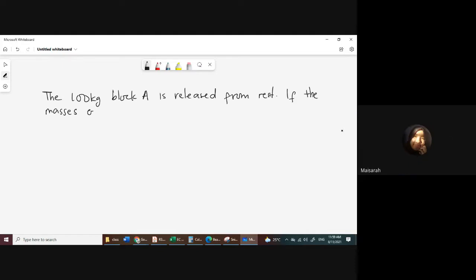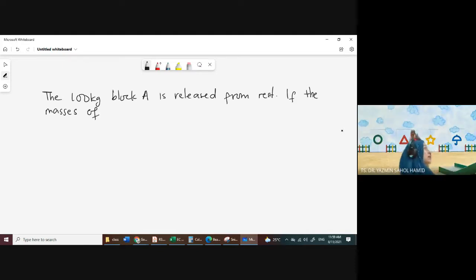Dengar. Okay. Dia group A. Group A kan sekolah minggu depan. So dia kat rumah. Okay, and record. Adakah suara dia mengganggu?